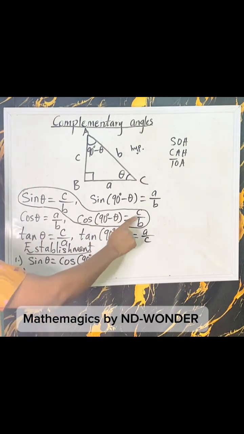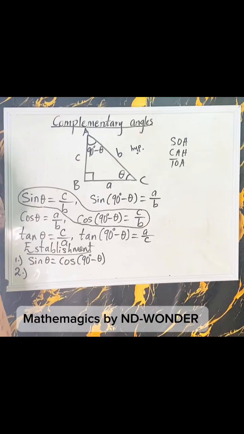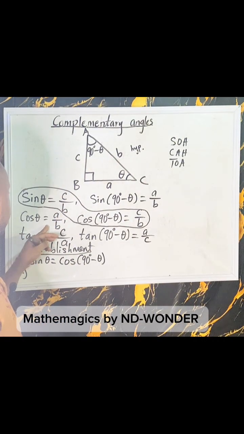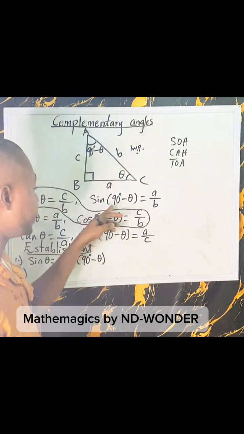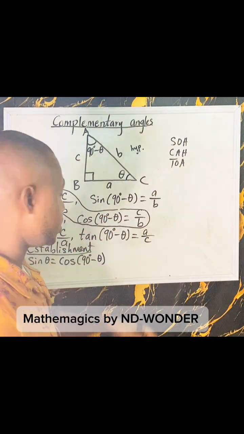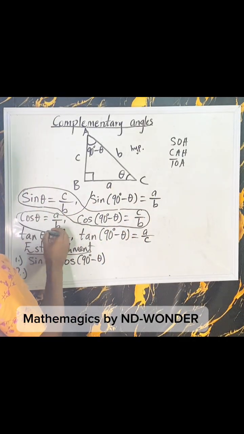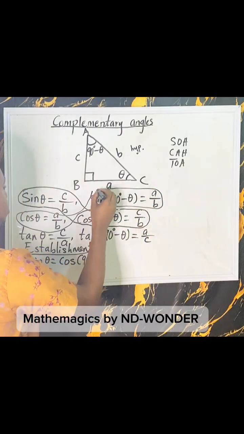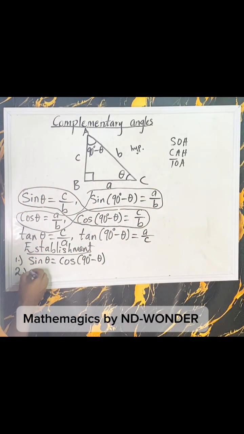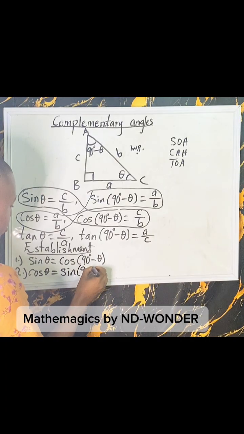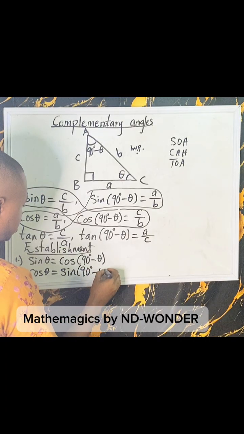Cos 90 minus theta is c over b, so it is not the match. So cos theta, which is a over b, is equal to sine 90 degrees minus theta, which is a over b. So we can say that cos theta is equal to sine 90 degrees minus theta.